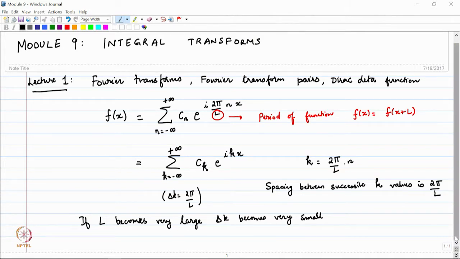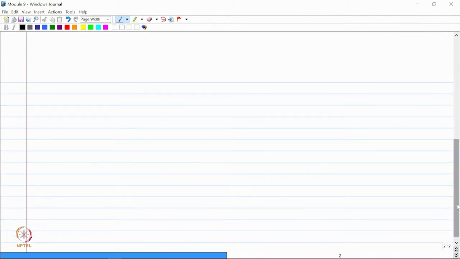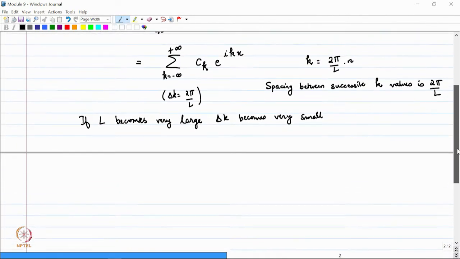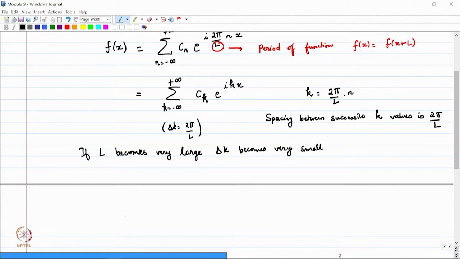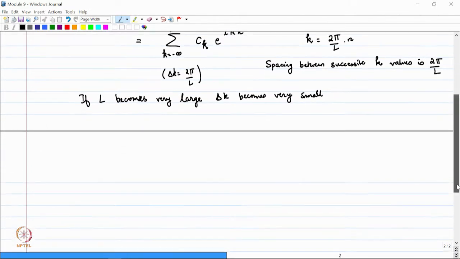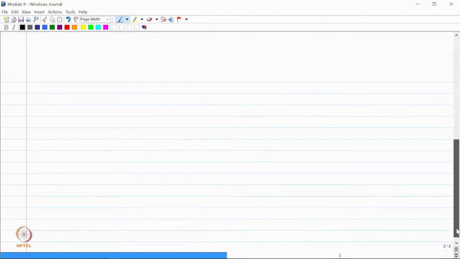So, the successive k values are very close to each other, and this sum will be related to an integral. I am not saying it is equal to an integral. What you can see is that if the successive k values are very close to each other, then this will look like an integral with this factor of delta k. So, this motivates us to the definition of the Fourier transform.